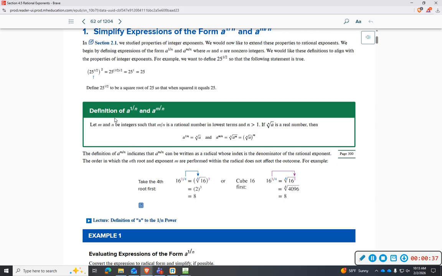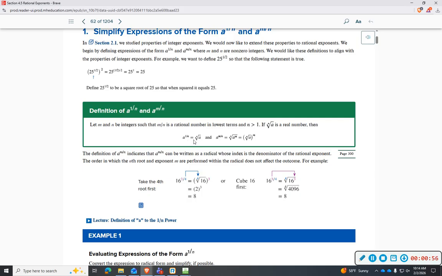So first, it's showing you the definition of a rational exponent. You could have 1 over that, a denominator, or a numerator and the denominator, some numerator other than 1. It shows you m and n are integers, whole numbers.